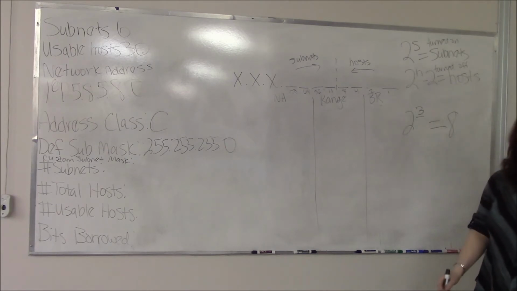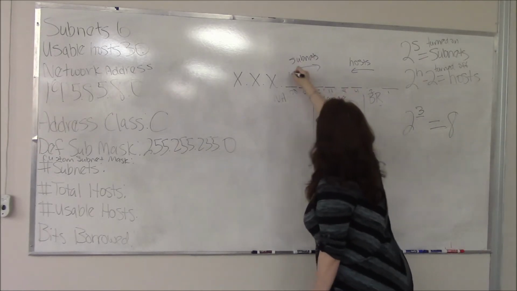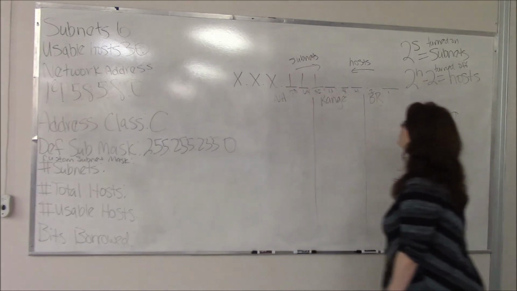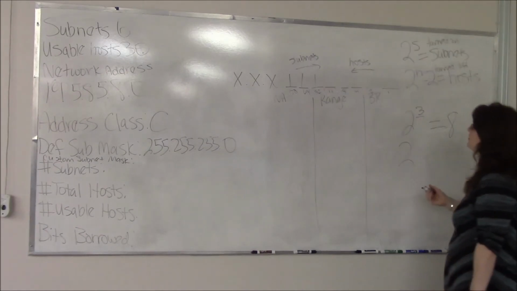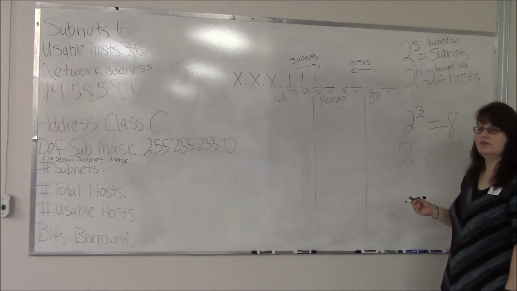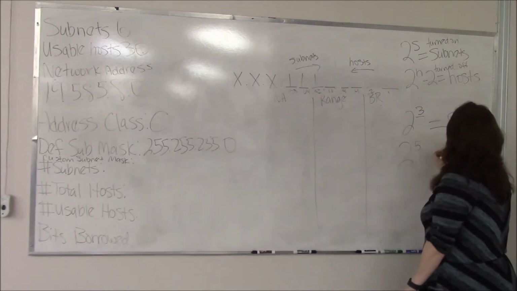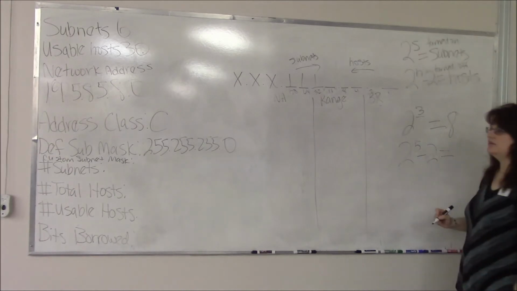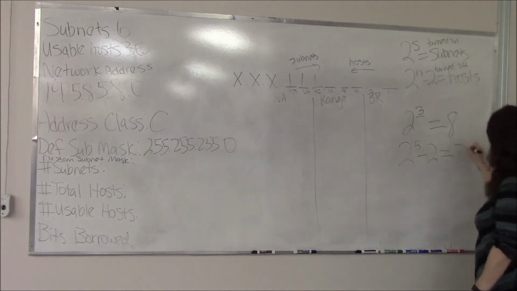Because I'm talking about subnets, and subnets are bits turned on. So 1, 2, 3 bits turned on. How many bits are then turned off? 5. So what's 2 to the 5th minus 2? 30, as it just so happens, right?